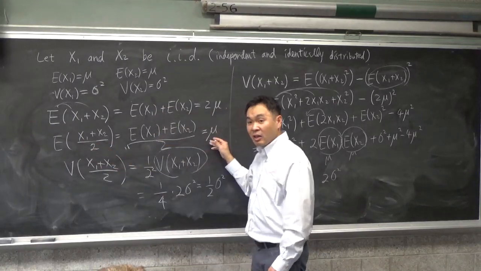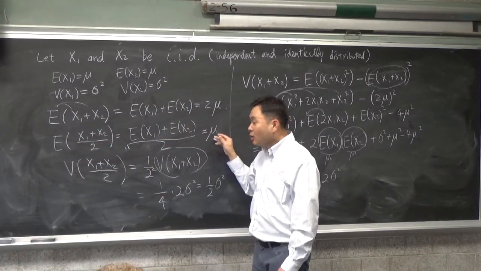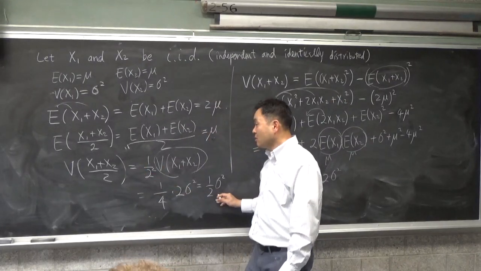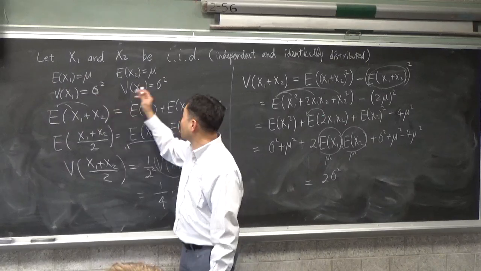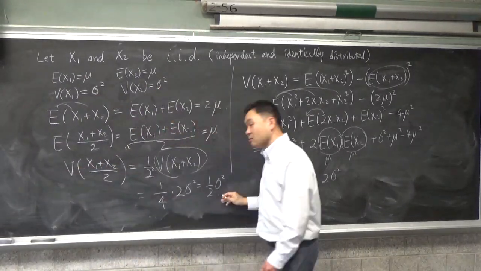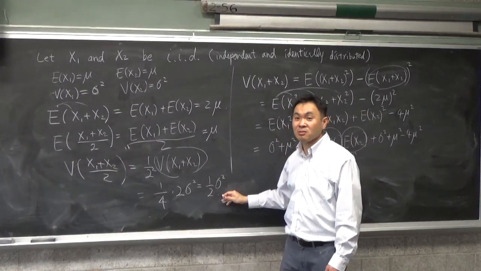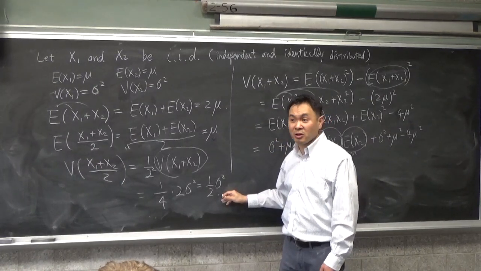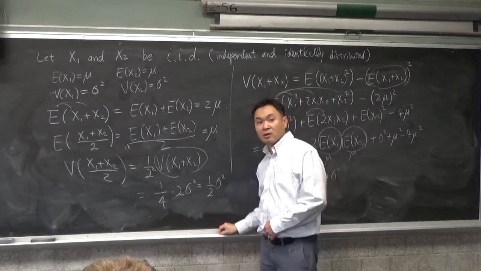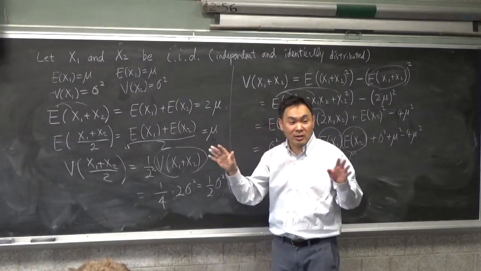The average is the same. But what's happening to the variance? The variance of individual ones was sigma squared, but the variance of the average is half of the sigma squared. What does variance measure? Spread. How much is spread, right?